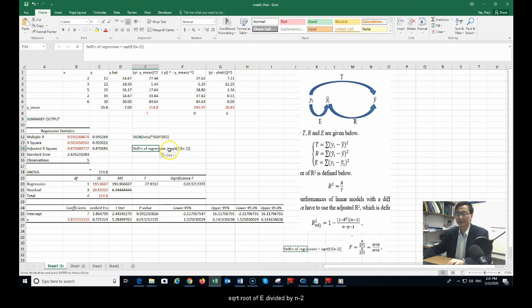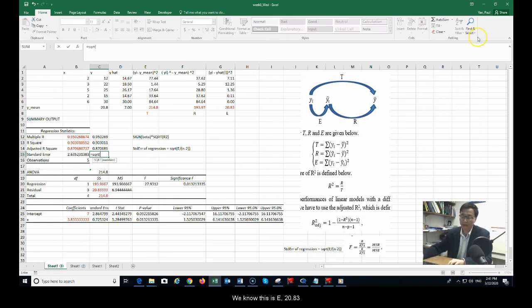So actually, square root of e divided by n minus 1. So this is SQRT. And we know this is e, so 20.83. So divided by, so this is n minus 2.